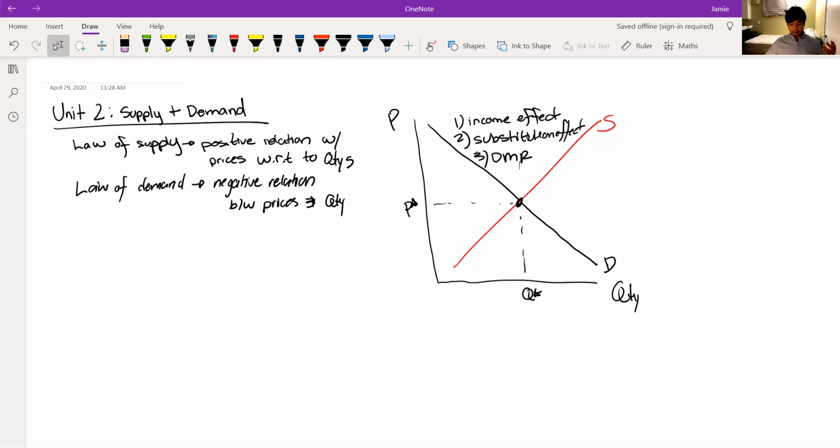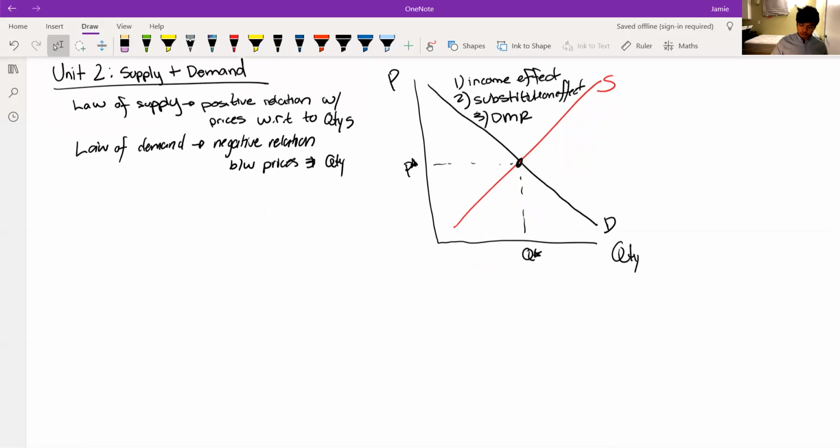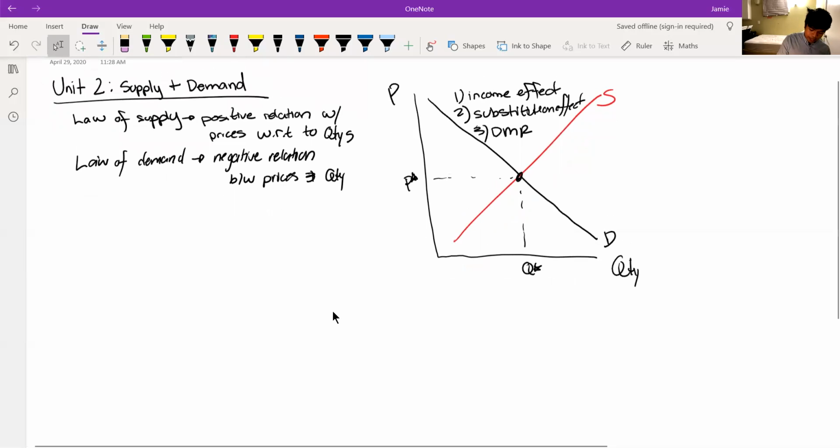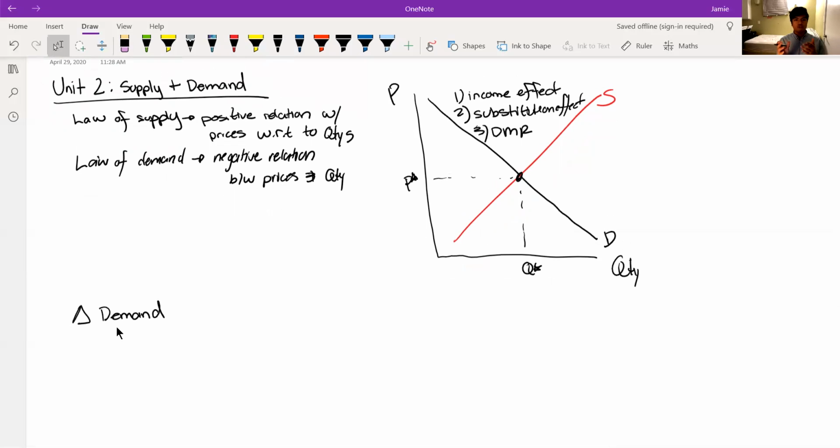What else do I want to mention? These curves shift left or right depending on the factors that affect them. For example, changes in demand will shift the curve left or right.